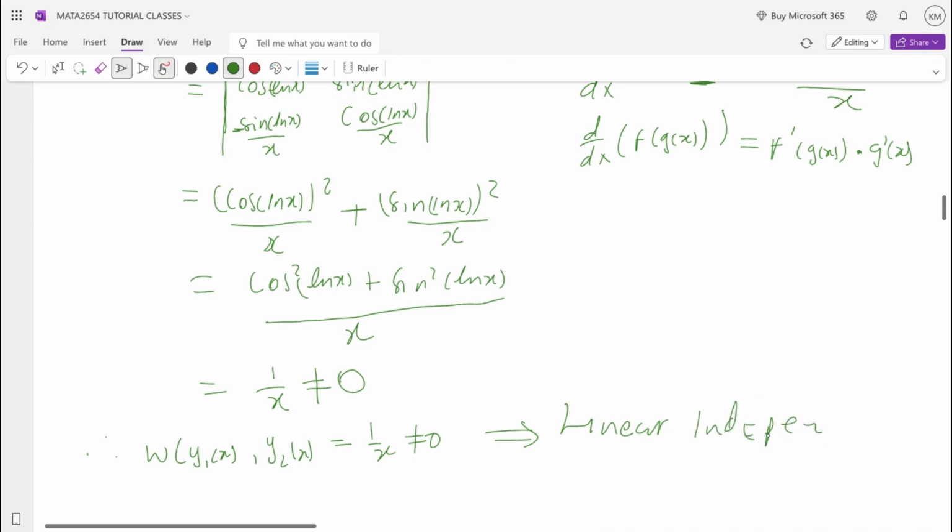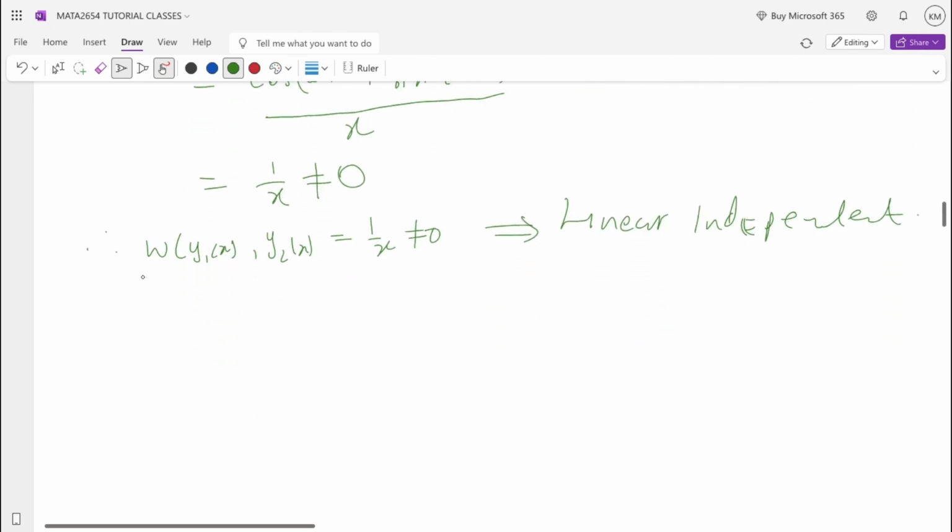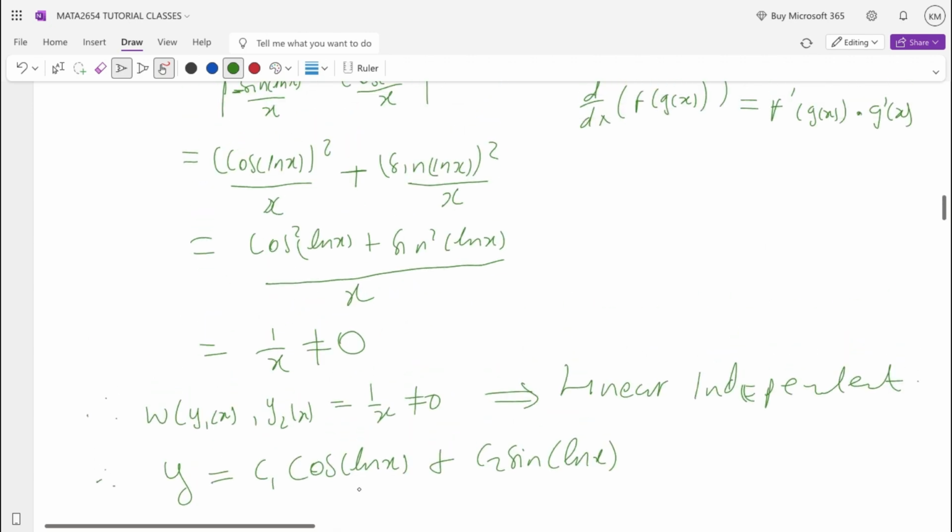So y1 and y2 are linearly independent solutions. If they are linearly independent, therefore they form a fundamental set of solutions. So we can say our general solution is y equals c1 cos ln x plus c2 sine ln x, just like that. So far, so good.